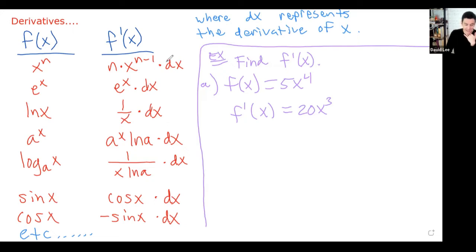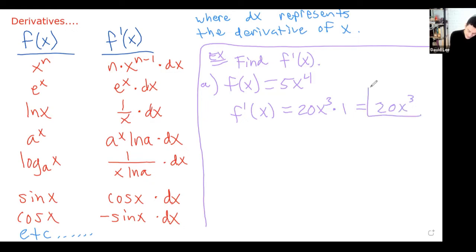Now, times dx means that you have to multiply right here. I have to multiply by the derivative of whatever is playing the role of x. Well, in this problem, playing the role of x is literally just x. And the derivative of x is just 1. So I'm going to just multiply by 1. That's not going to change anything. It's just going to be 20x to the power of 3.